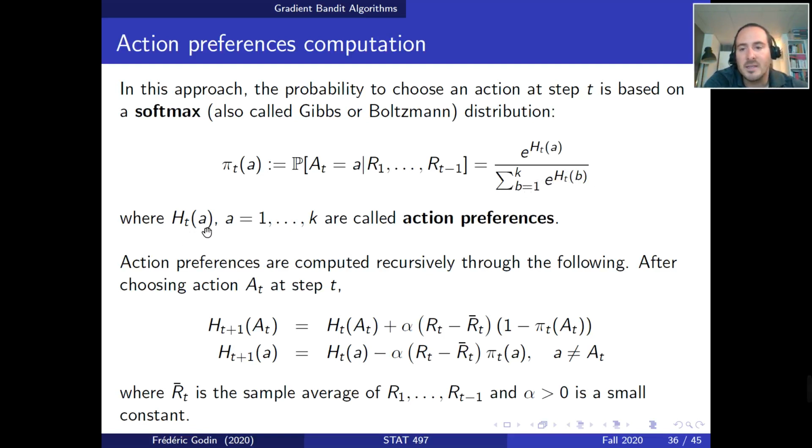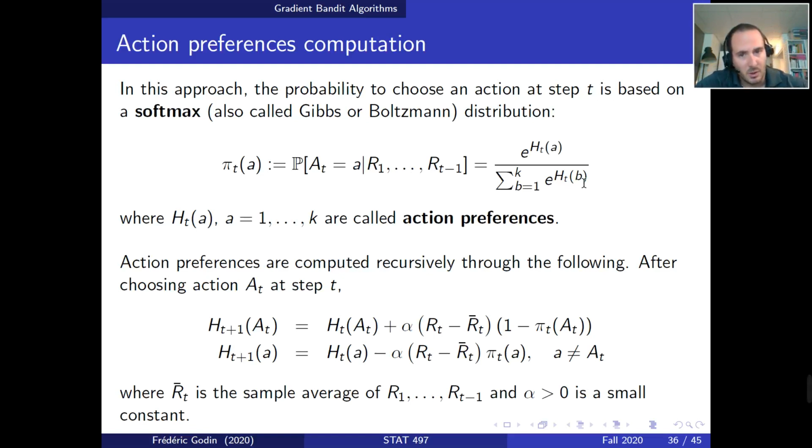So all these H_t(a), where a goes from 1 to K, and K is the total number of possible actions, are called action preferences. The probability to select a given action is the exponential of its action preference divided by the sum of exponentials of action preferences across all possible actions.